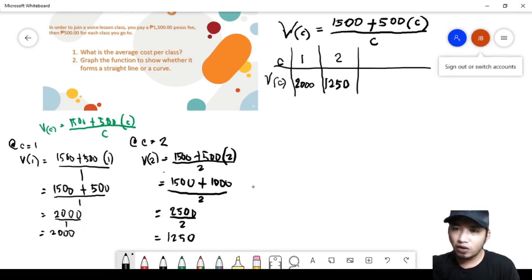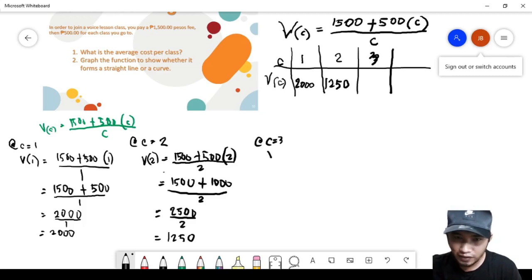Kapag in-enroll mo yung tatlo dahil sa mahilig ka sa music, in-enroll mo daw ay tatlo. Ilan ang babayaran mo? At C is equal to 3. Okay?